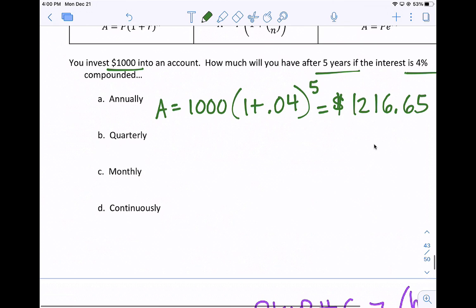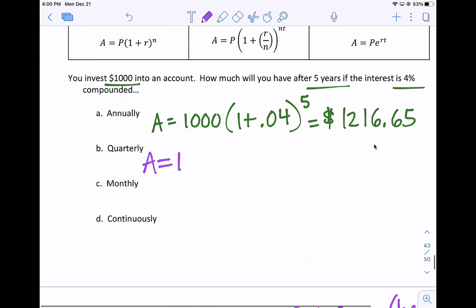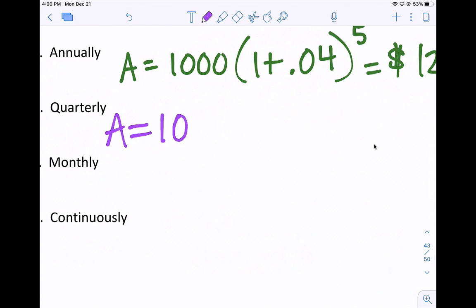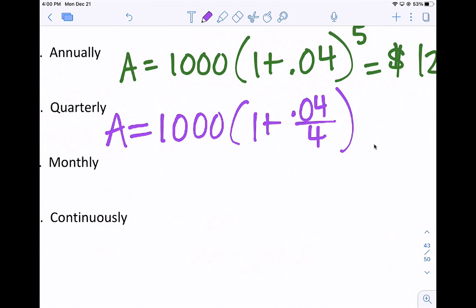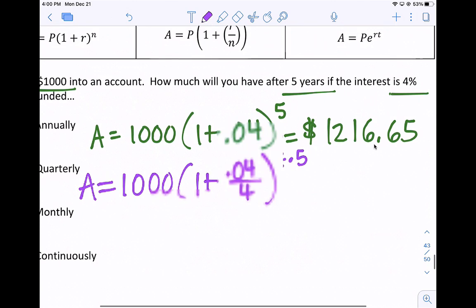All right, what if it was compounded quarterly or 4 times a year? What would that look like? So you would have 1,000 times 1 plus, but we're doing it 4 times a year. So 0.04 divided by 4. And then 4 times a year for 5 years, so 4 times 5.